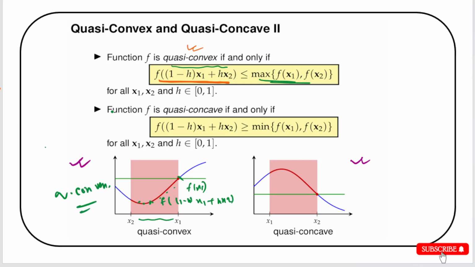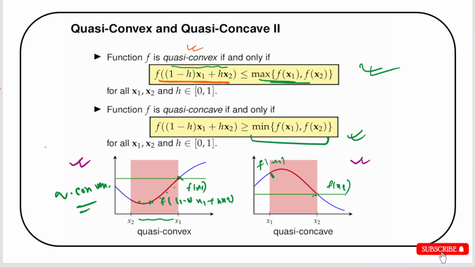If you have any doubt, you can let me know. And for quasi-concave, the opposite is true. You have to see this value is greater than or equal to the minimum of this. This is the criterion that we use to find out quasi-concavity and quasi-convexity. So the minimum of f(x1), f(x2) is what? Here f(x1) is this point and f(x2) is this point. So you have to check in terms of f(x2).